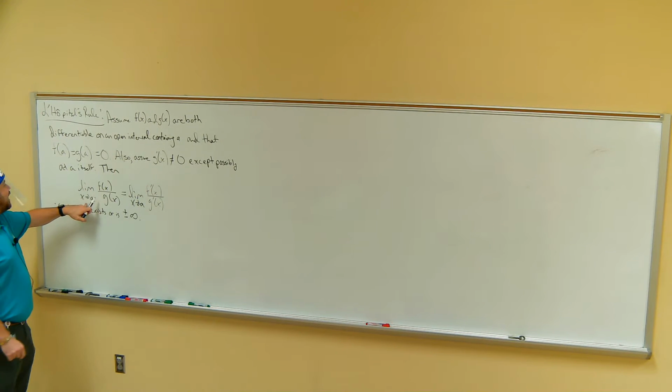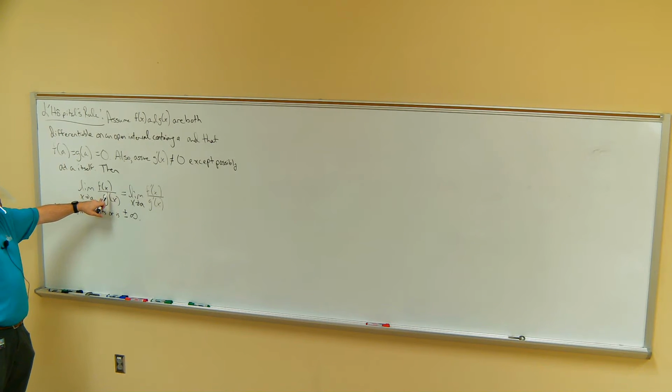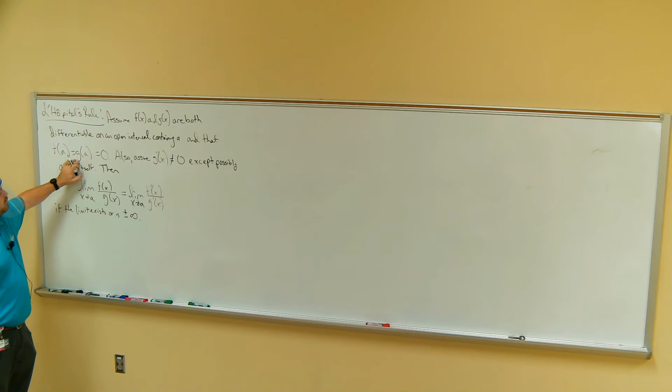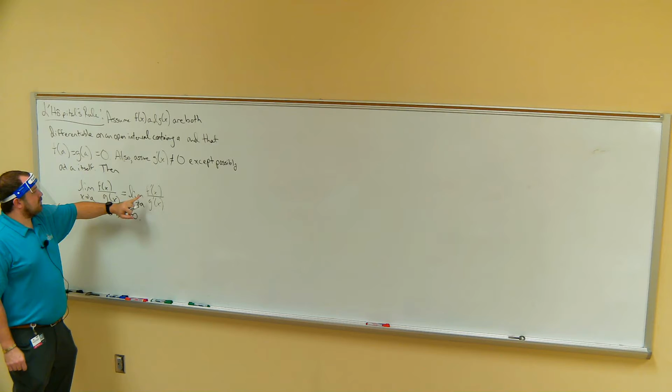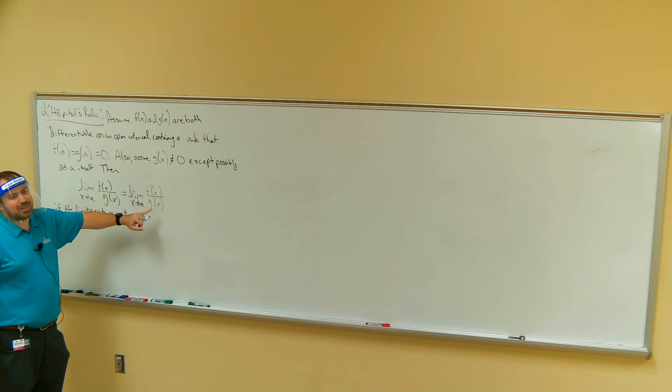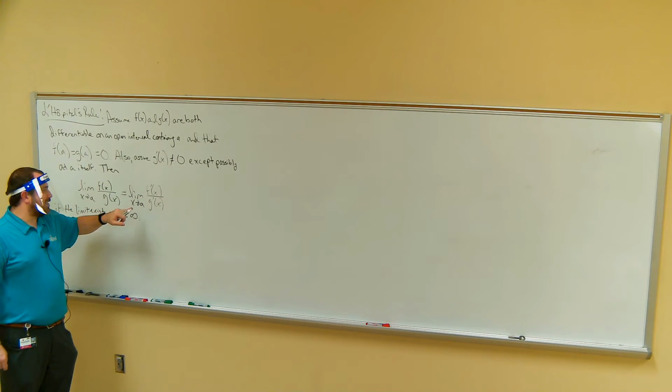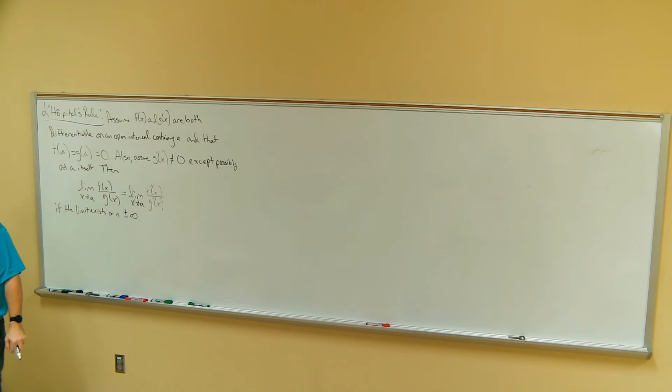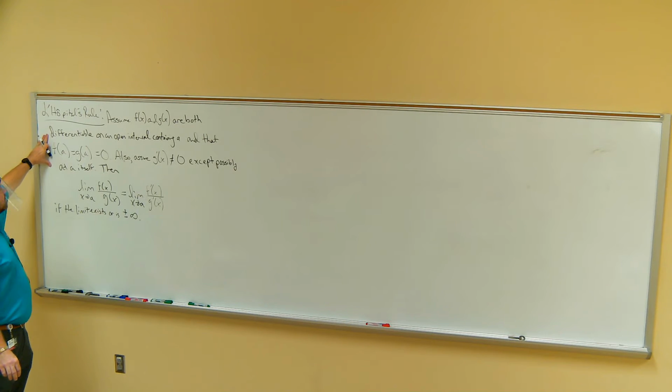So in other words, to find the limit of your rational expression that gave you the indeterminate form 0 over 0, you just differentiate the numerator, differentiate the denominator, and then take the limit of that new ratio, provided you met the criteria for L'Hopital's rule.